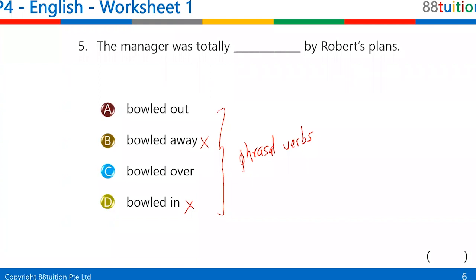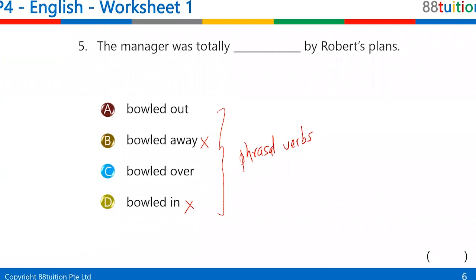That means they are out. They are unable to hit the ball, and because the ball has hit the wicket, the bowler has managed to throw the ball and hit the wicket, and so they are out. So you bowl someone out. The whole team is bowled out, meaning all of them have lost their chance to hit. So the whole team is out, then the next team gets a chance to bowl.